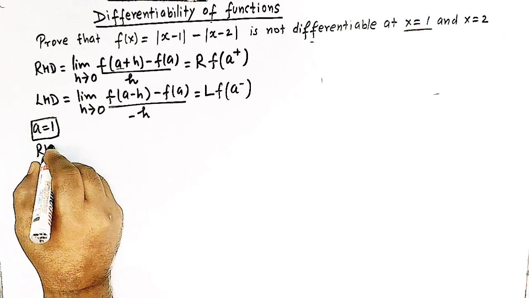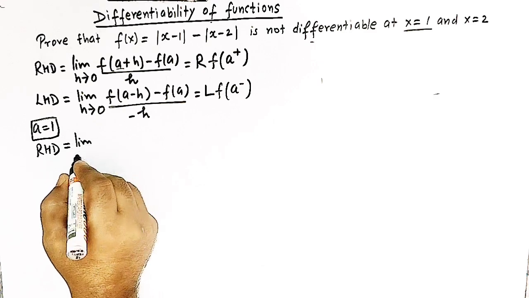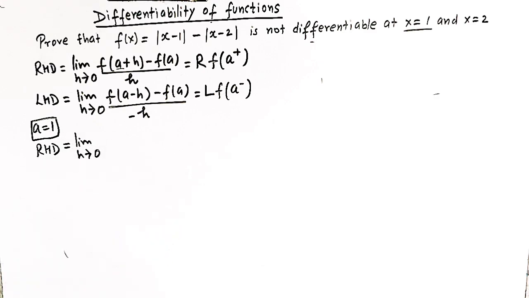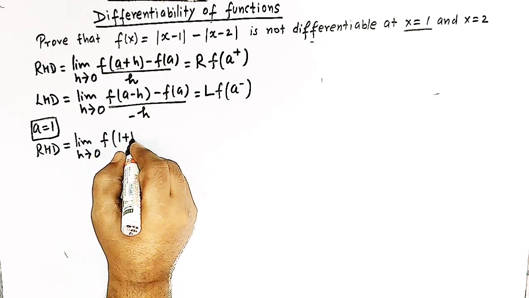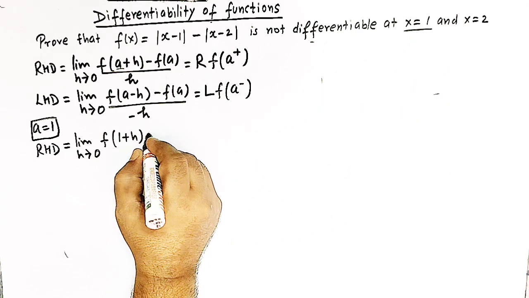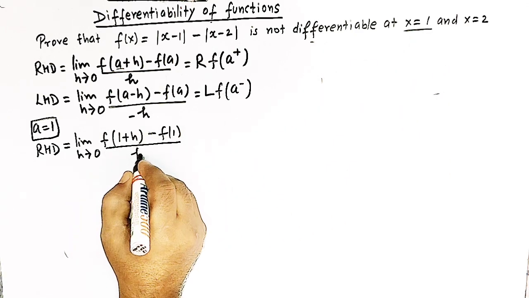The right hand derivative is now given by a limit, and here h tends to 0, and remember h is an infinitesimally very small quantity and it is always positive, right? And here we have f of 1 plus h because a is equal to 1, and f of 1, and here we have h.